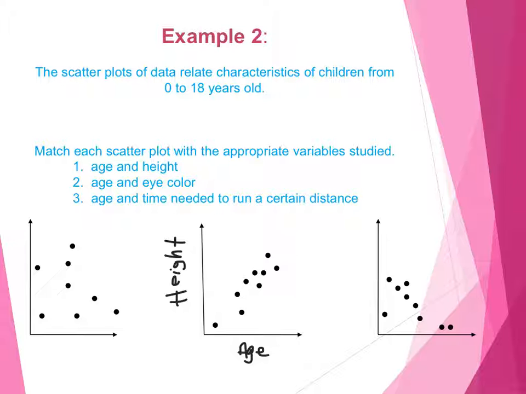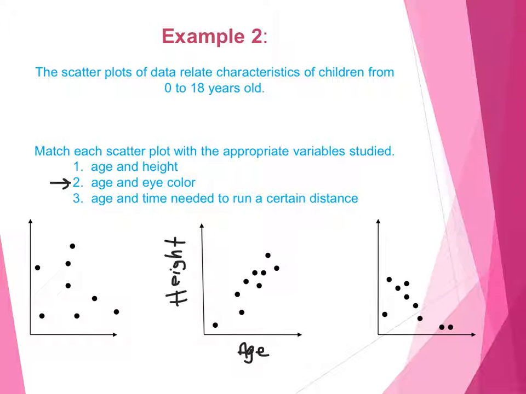In the next example, we have age versus eye color. And with eye color, no matter how old you are, it pretty much stays the same. There really isn't a correlation. So depending upon whether you're talking about multiple people or whether you're just talking about one person would change the graph dramatically here.